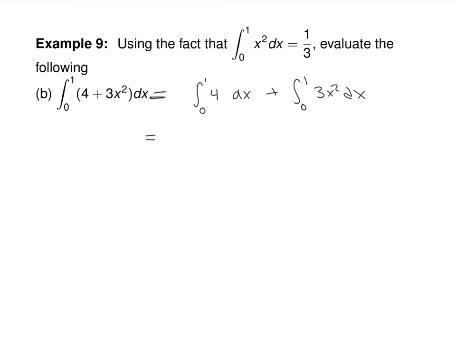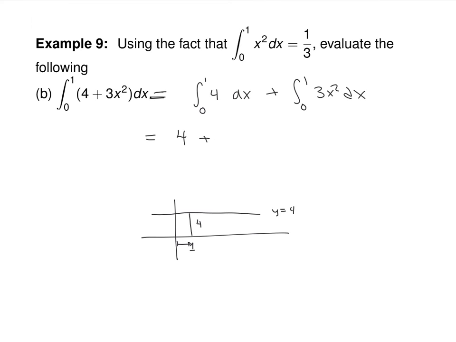So visualize what that first one looks like. The graph is y equals 4, which is up how much? 4. And you care about it from x equals 0 to x equals 1. So it's a rectangle, and its base is 1, its height is 4. So the area is 4.